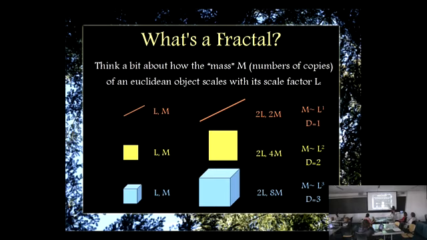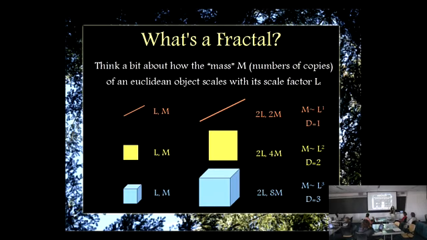There will be 2 lines, which is 2 to the first power, so the dimension is 1. If we take a square and double its size, it will contain 4 copies of the original square, which is 2 to the second power, so the dimension is 2. And if we take a cube and double its size, we'd have 8 copies of the cube, which is 2 to the third power, and that's dimension 3.